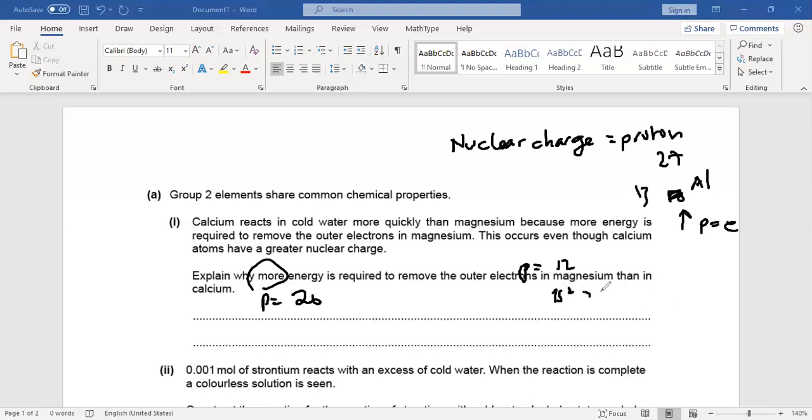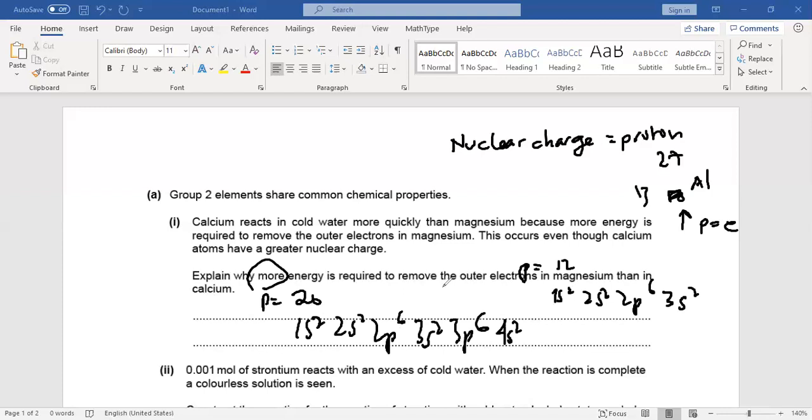You have only 1s2, 2s2, 2p6, and 3s2. While for calcium, you have 1s2, 2s2, 2p6, 3s2, 3p6. So this is already 18, and then 4s2. So it means that calcium has an extra shell compared to magnesium.